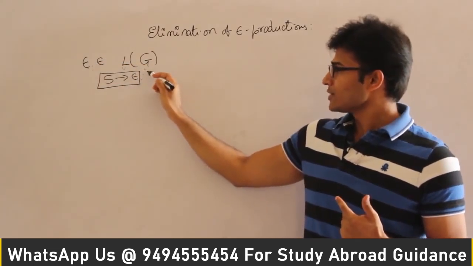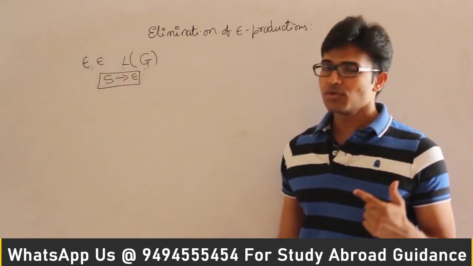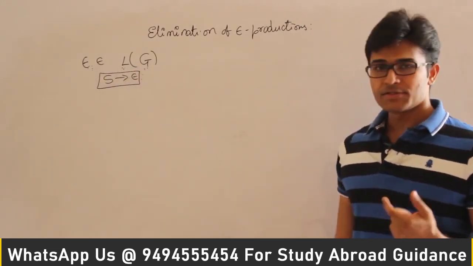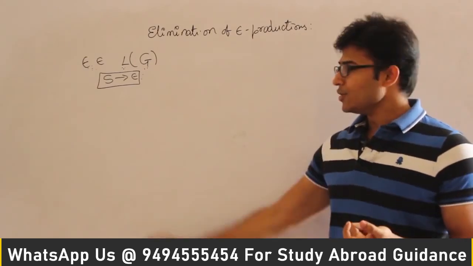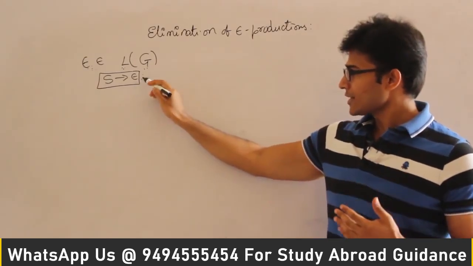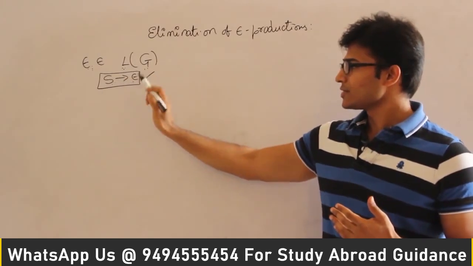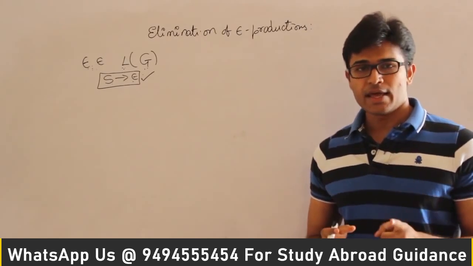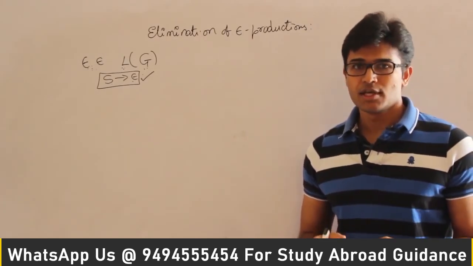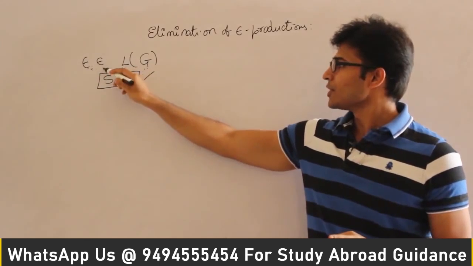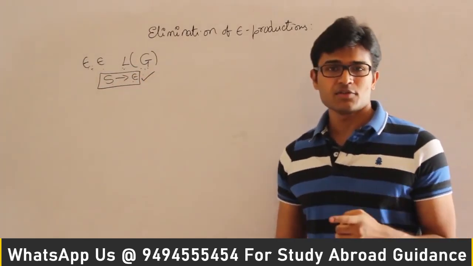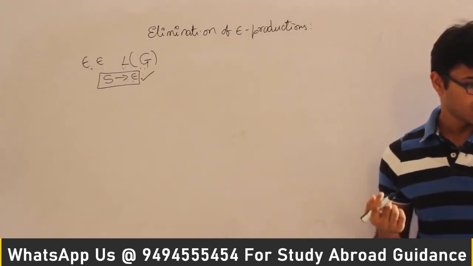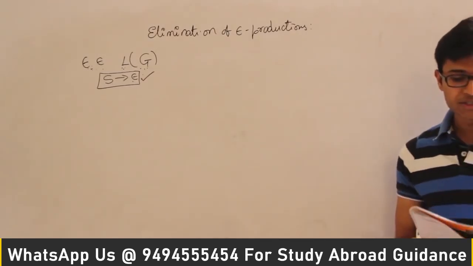Therefore, if the language does not contain epsilon, then you could eliminate all the epsilon productions. But if the null string is present in the language, you may eliminate all the other null productions except this one, which means you should at least have S derives epsilon. Okay, remember this. If the language contains epsilon, you will not be able to eliminate all the epsilon productions. If the language does not contain epsilon, yes, you could do it. So let me take an example and show you how to do this procedure.